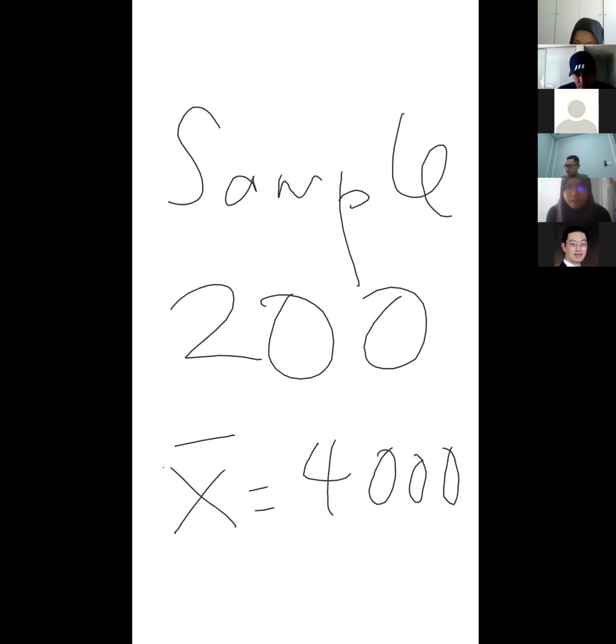Can we say that this average reflects the income of the whole Malaysia? No. Can we say that the average income of 4,000 can reflect Malaysia?